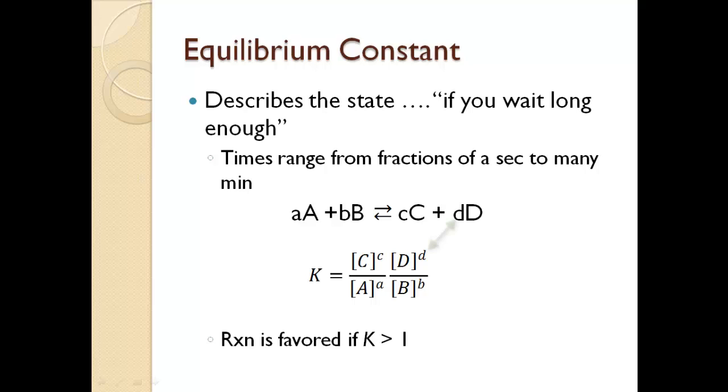Now notice the small superscript letters denote the stoichiometric coefficients in front of each of those components. So in other words, the symbol A, in brackets, stands for the concentration of A relative to its standard state, which I'm going to talk about later. If the reaction is favored, the value of K, of the equilibrium, is greater than 1. So that's how you know if reactions are favored or not favored.